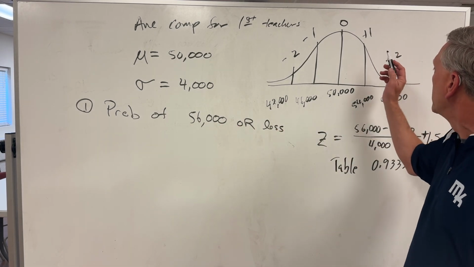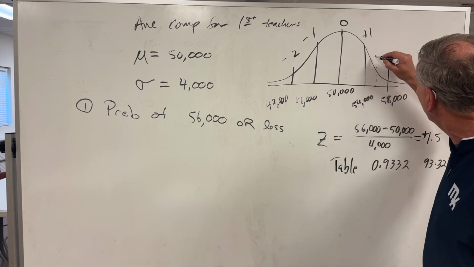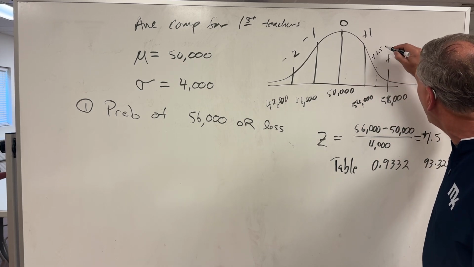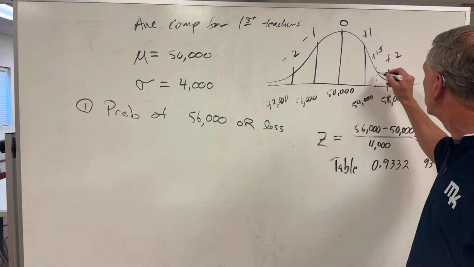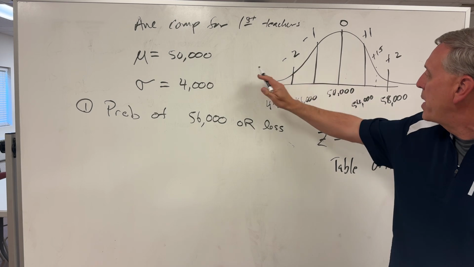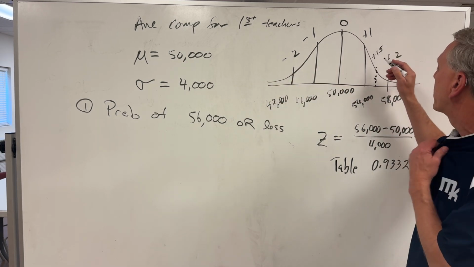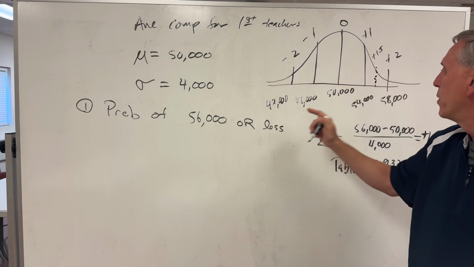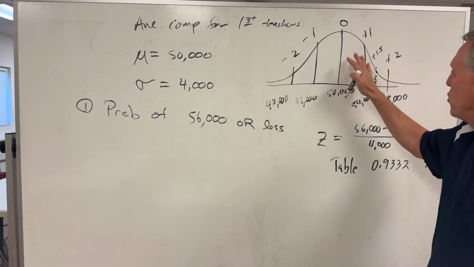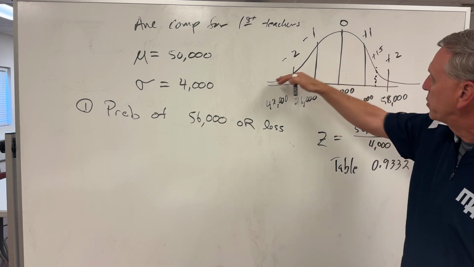That number is right there, at the z factor of +1.5. The table value gives us all of these people, from 56,000 and below. The probability of being in this huge region is 93%, since 93% of our data is in this region.